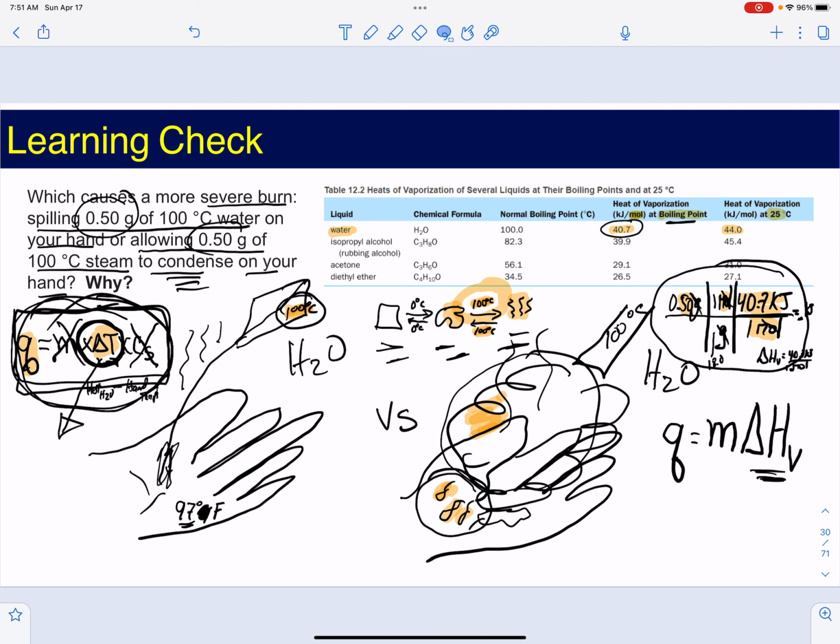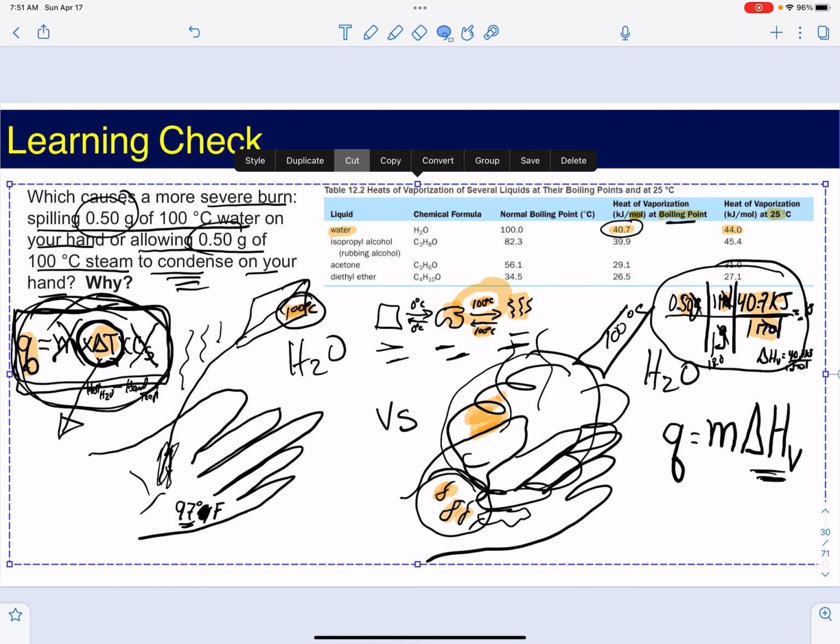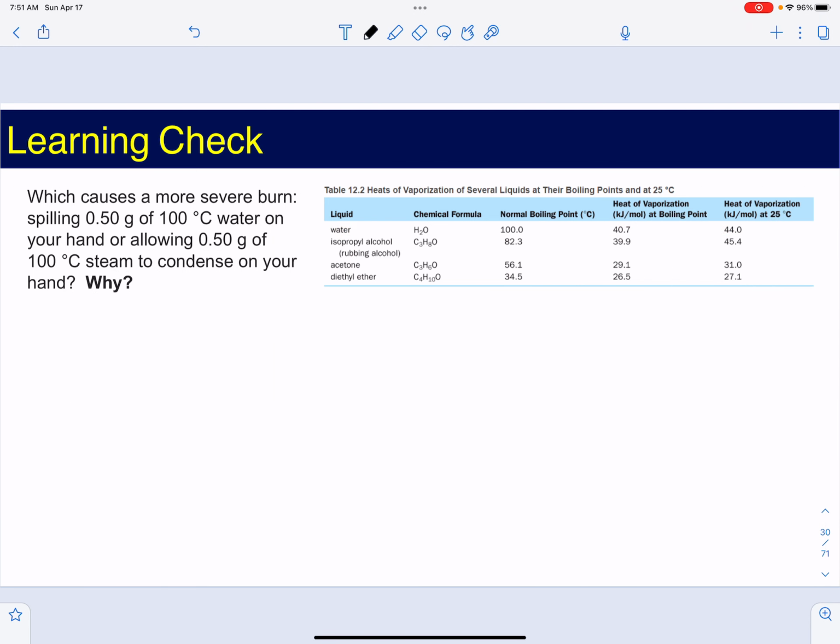So let me summarize this here. The main thing we're learning is that energy in the form of Q can be calculated when there is a change of phase.